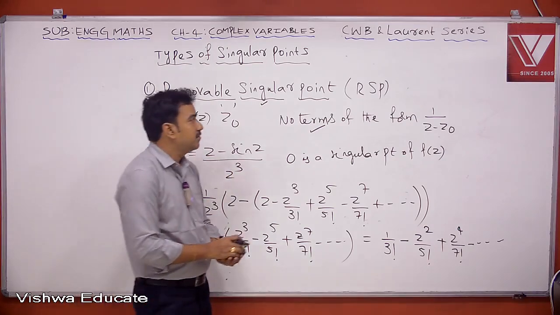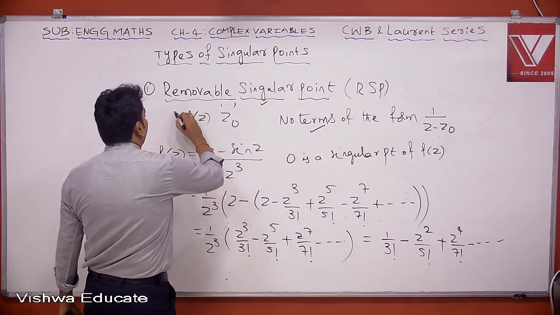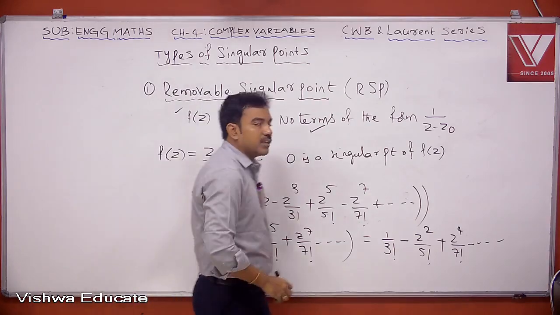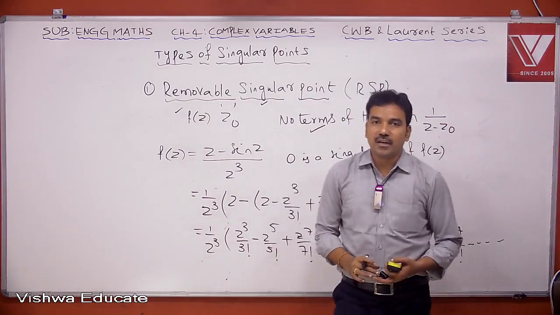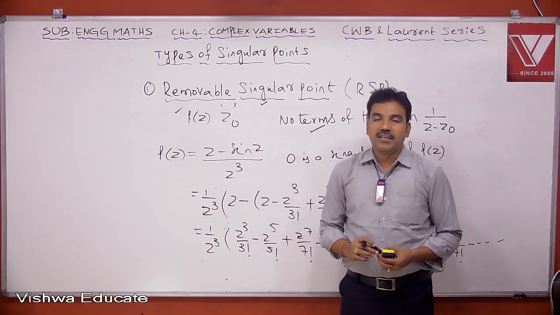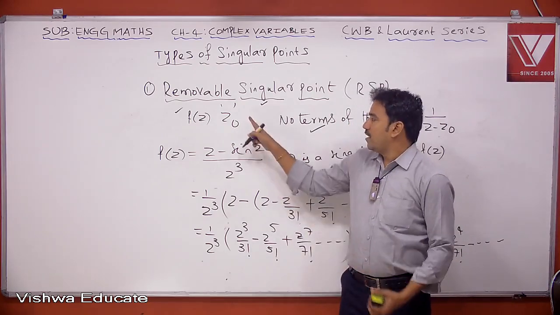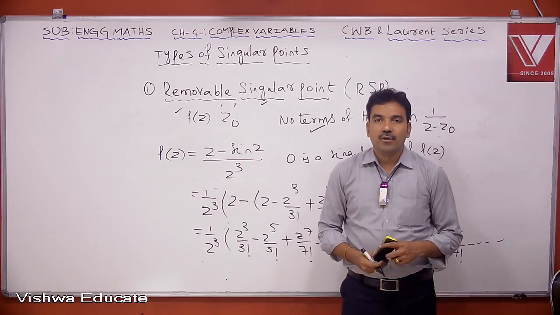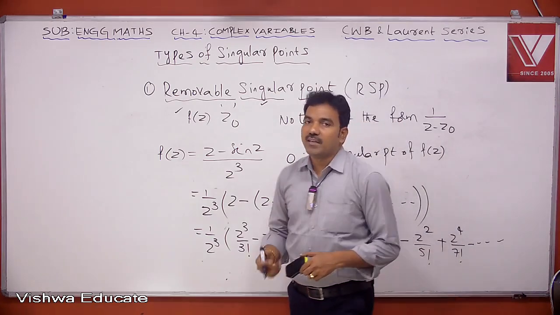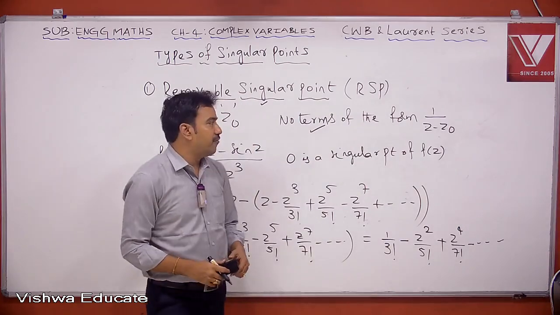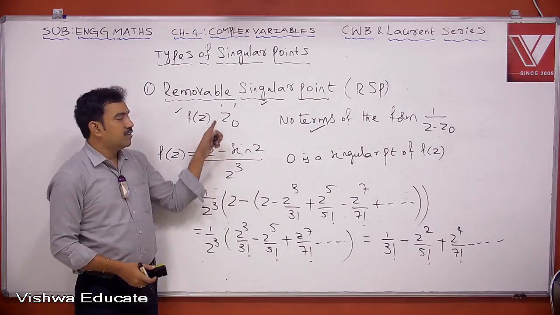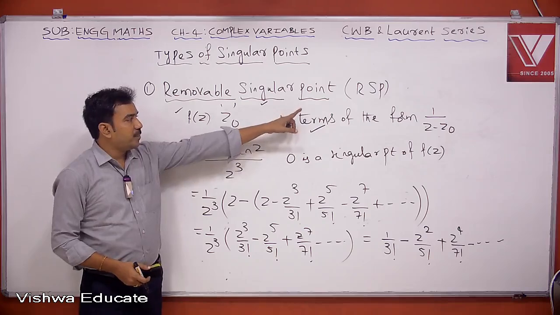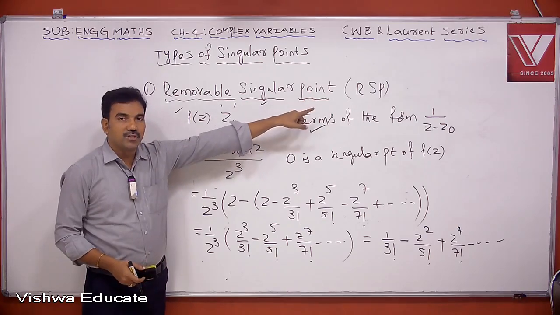Write the definition. Let z naught be a singular point of a function f of z. We say that z naught is a RSP of f of z. RSP means removable singular point.